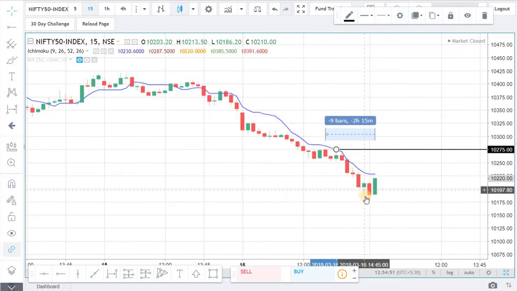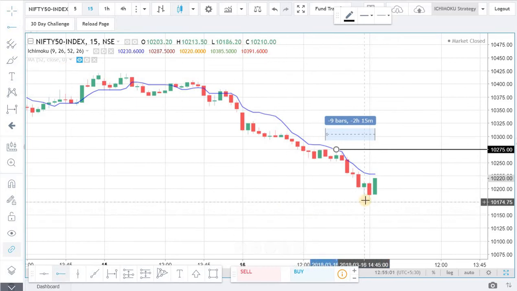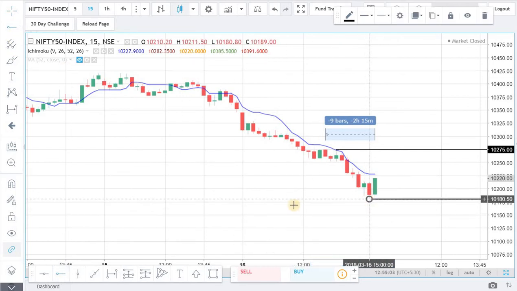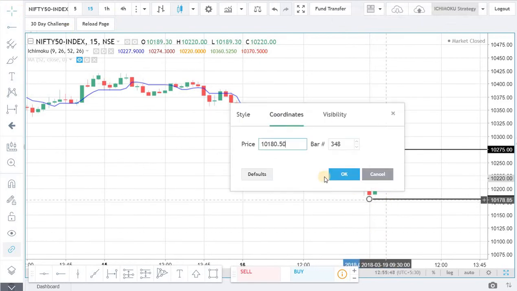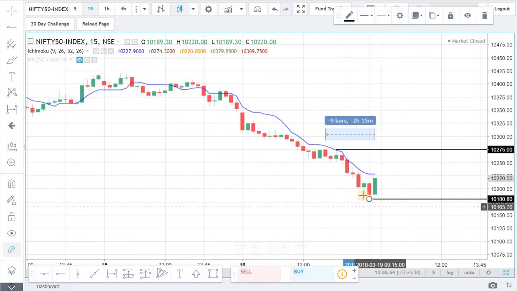And what is the lowest low? Lowest low over here is 10,180.80. So let's put it down over here, 10,180.80. So these are your two lines that you've actually calculated.